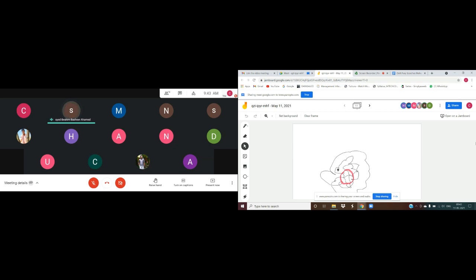Assume this as a globular protein. So from the center, I am drawing a circle. Little by little, I'm increasing the radius, so I am getting different shells.